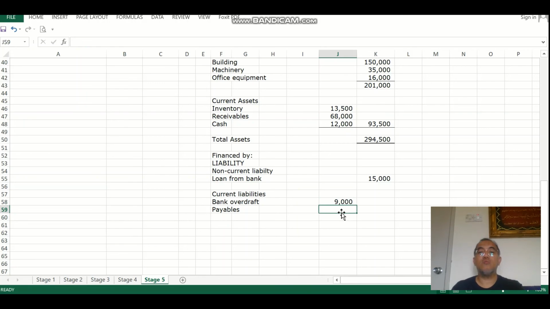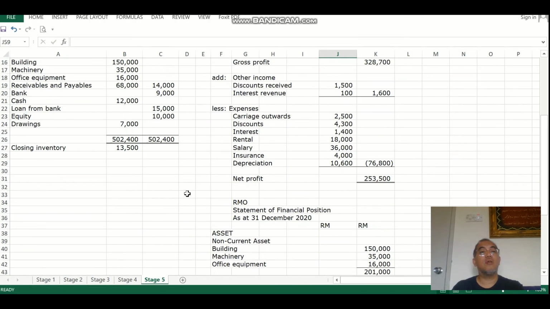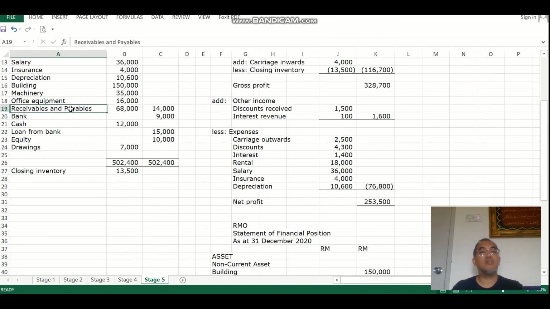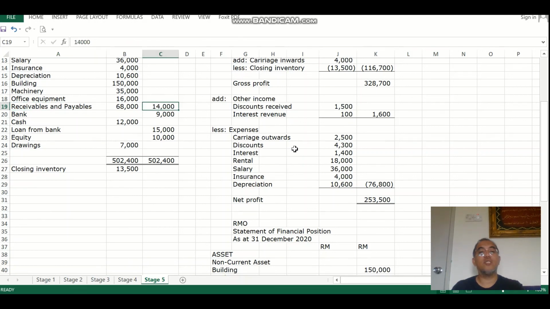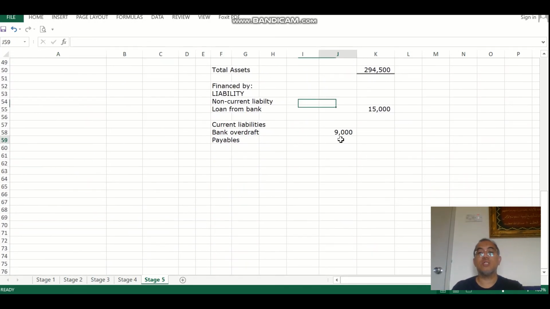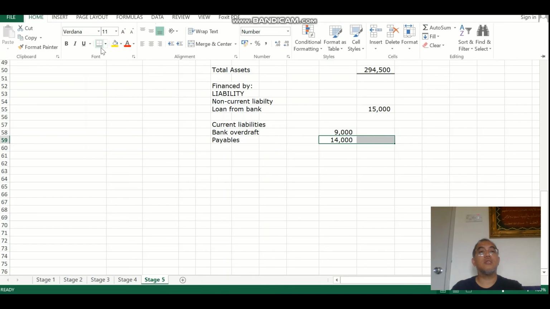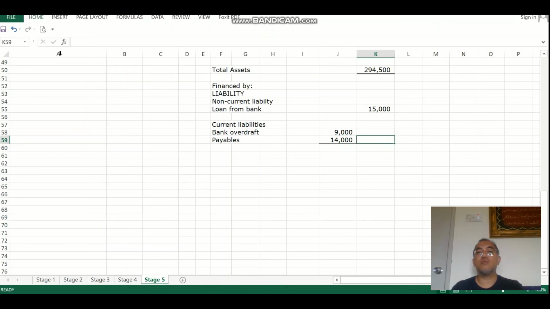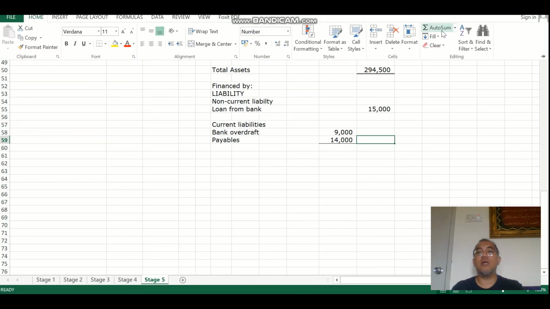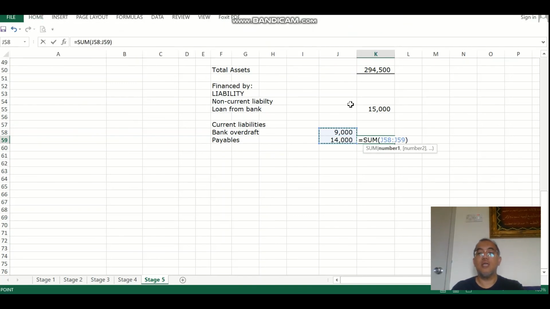But now, how much is my payables? So payables here is 14,000. So just put here 14,000. Okay, let me make a line there, and let me total up how much is my non-current liability. That is 23, I believe.